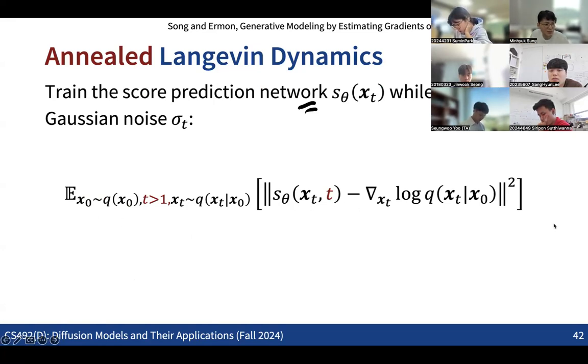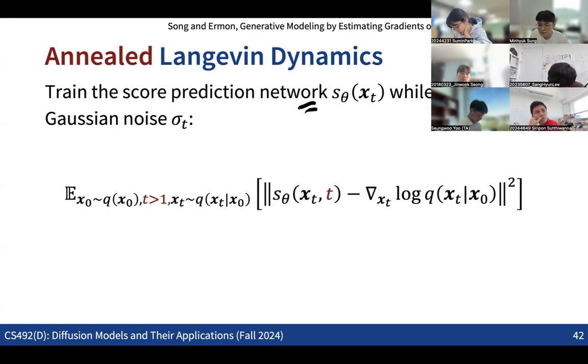Now which becomes exactly the same as the loss function that we have seen for the noise predictor for the DDPM. So you can see that the score-based model that we are discussing based on the annealed Langevin dynamics is basically exactly the same as what we have done in the DDPM. Which means that the reverse process of the DDPM can be interpreted as kind of the process of learning the annealed Langevin dynamics.